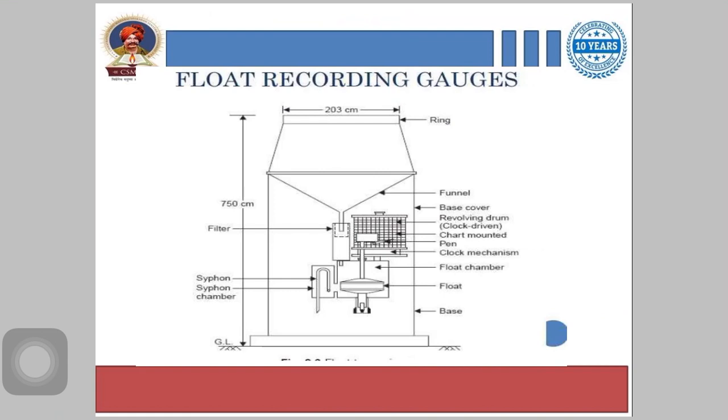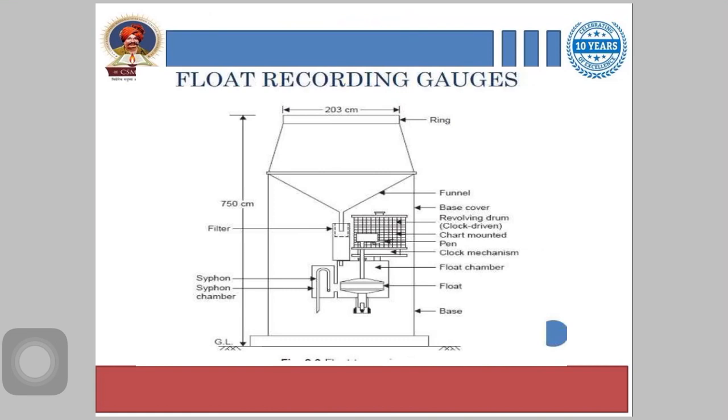When the float moves up, the pen connected to it through the connecting rod traces the collected amount of rainfall on a graduated chart, that is, it is noted down on the graph paper wrapped around a clock driven revolving drum. When the float chamber is entirely filled by the rainwater, it automatically becomes empty by means of the siphon.